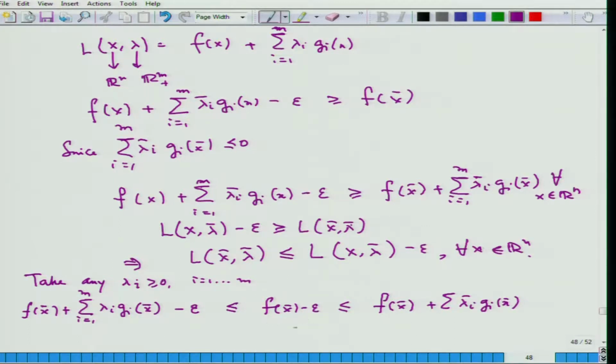Here is where we have applied the approximate version of complementary slackness condition, from here to here.